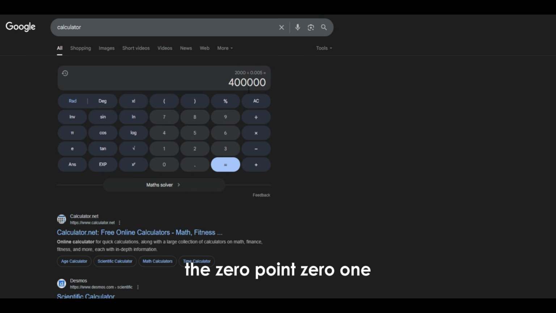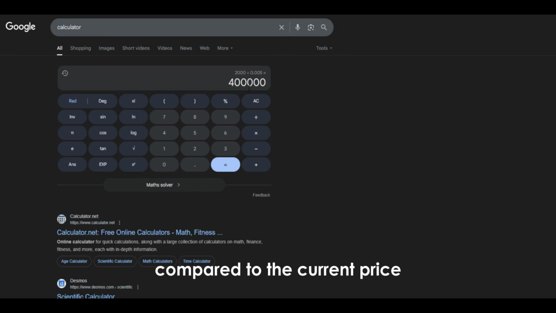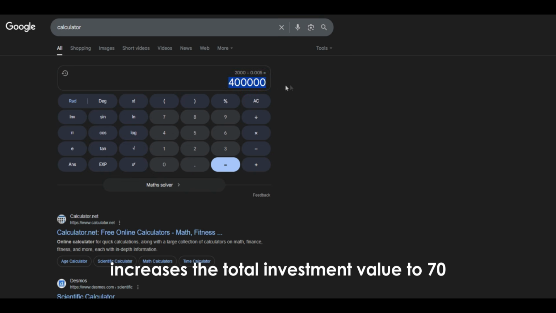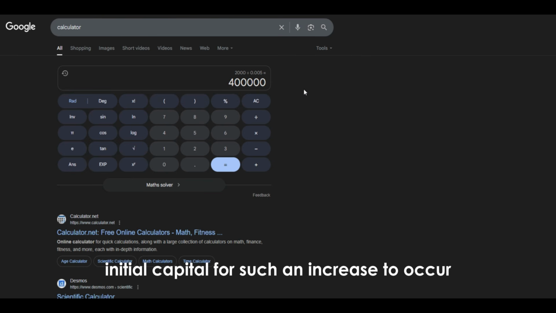The $0.018 level represents an increase of more than 3 times compared to the current price, which is highly attractive for investors. Multiplying the 400,000 tokens by this target price increases the total investment value to $7,200. This means a gain of more than 3.6 times the investor's initial capital.